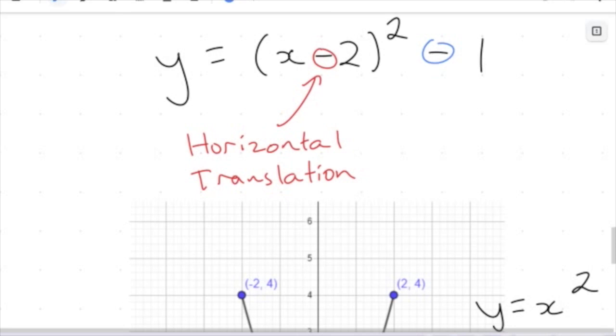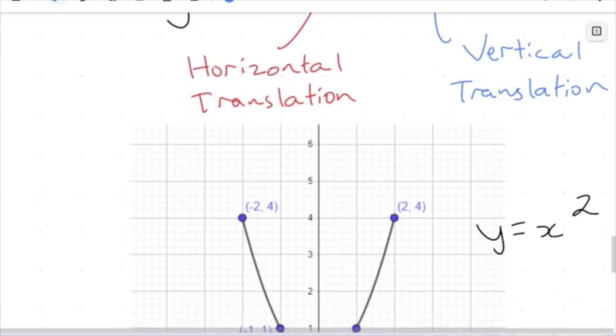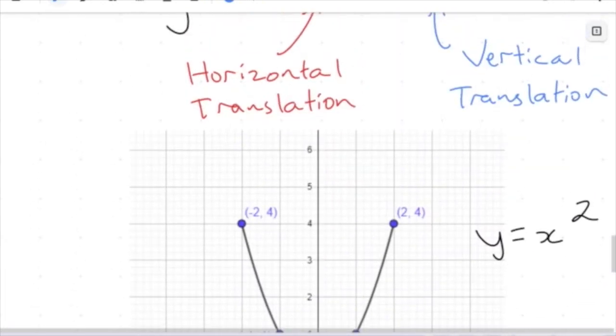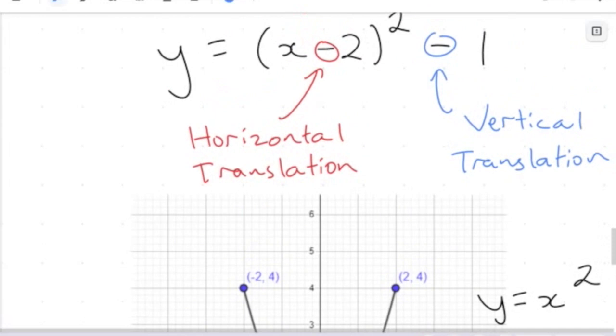And my -1, that is kind of outside of the x out here, so it is acting on the y. So I have here another type of translation, but this time it is vertical. Okay, so let's just do these one by one again.